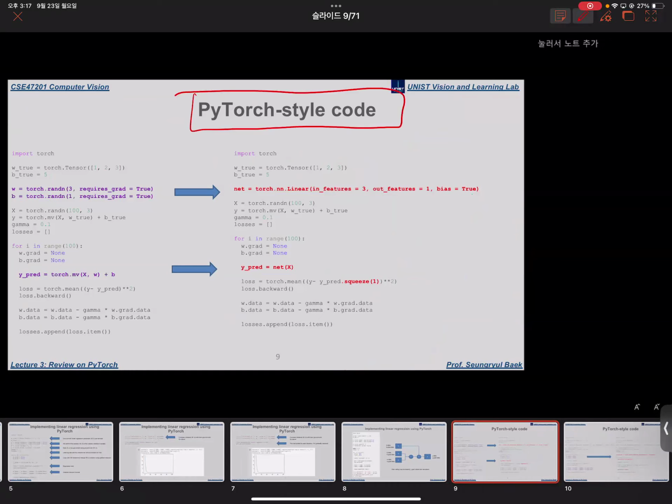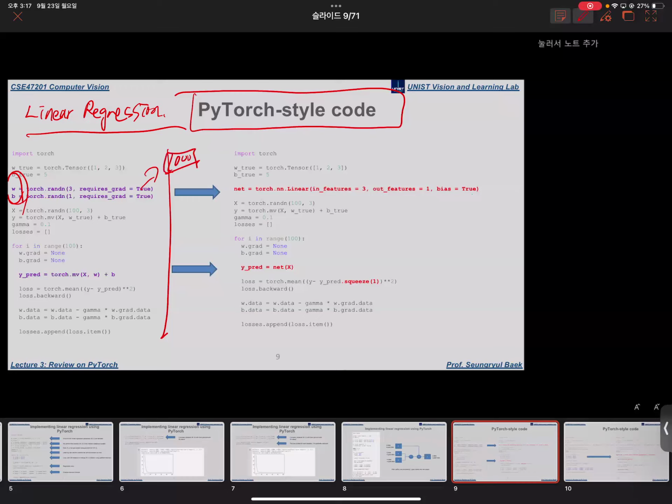From now on, I will show you PyTorch style code. As I told you, this is the code for implementing a very simple linear regression algorithm. It has only two parameters, W and B. But a modern deep learning architecture has very many parameters inside, so defining those variables may cost more than 1,000 lines of code, maybe.